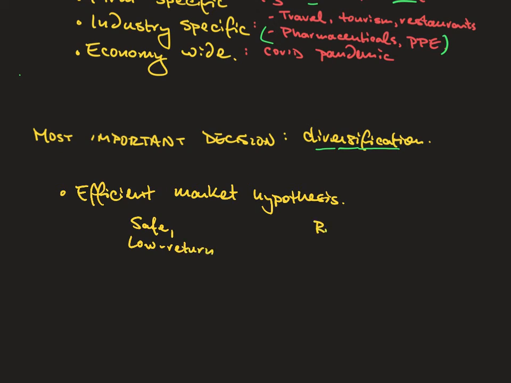And then there are risky, high return ones. And an individual person or household can make some decision about their tolerance for risk. Do they simply want to keep their money fairly safe and get a little bit of a return on it? Or do they want to try to grow it as much as possible, even though that involves taking on risk? They make a decision where they want to be along the spectrum.